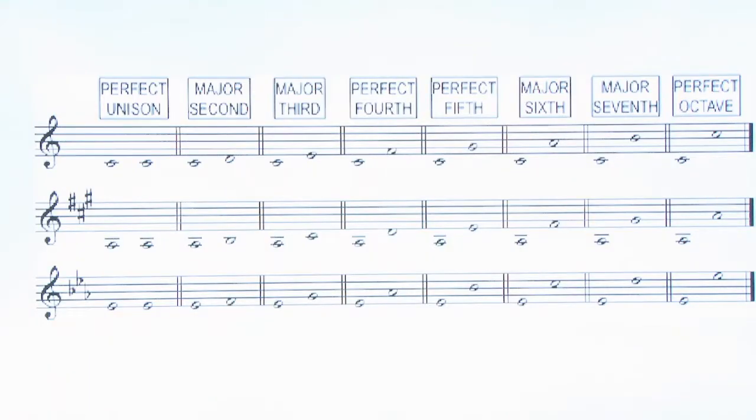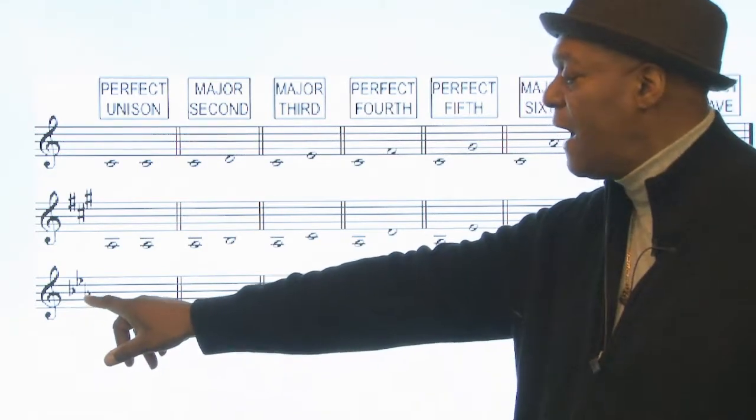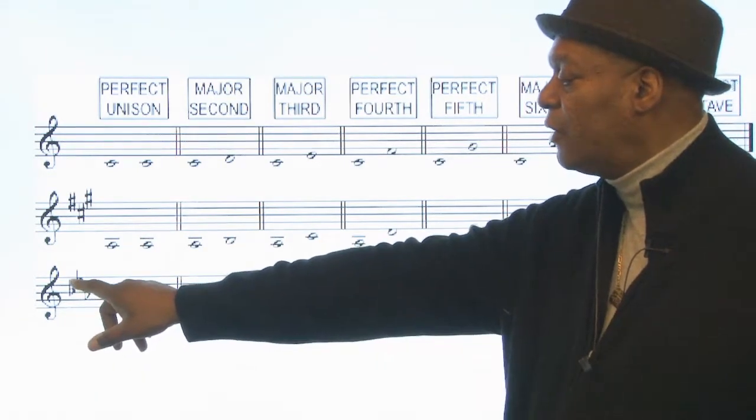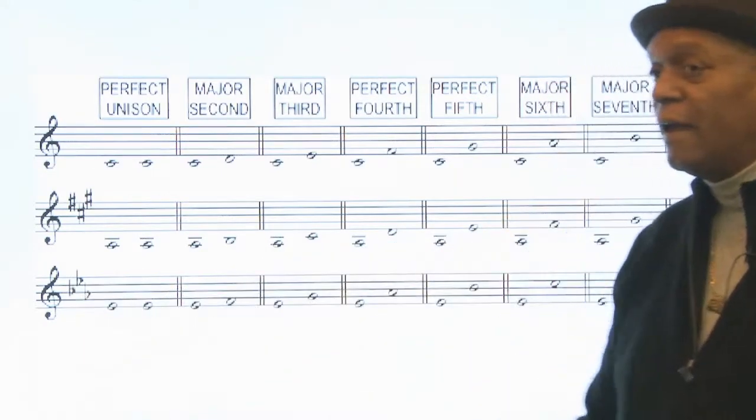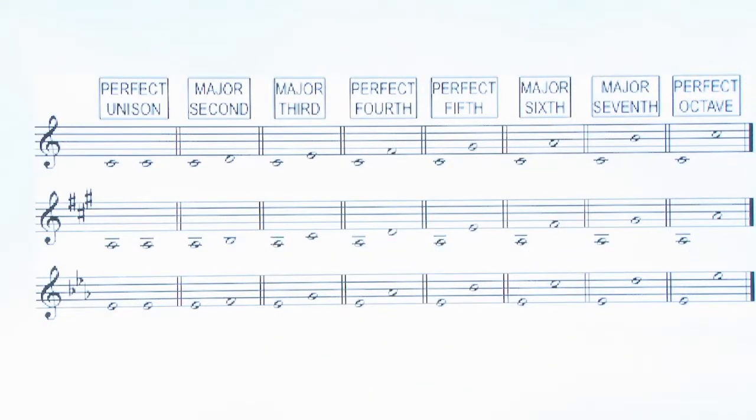Okay? So, what key are you in here? The last flat is A flat. So the next to the last flat is E flat. So E flat is the scale that you're in.